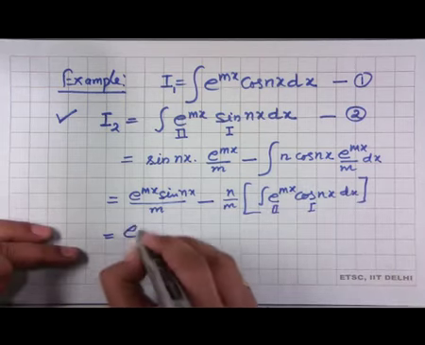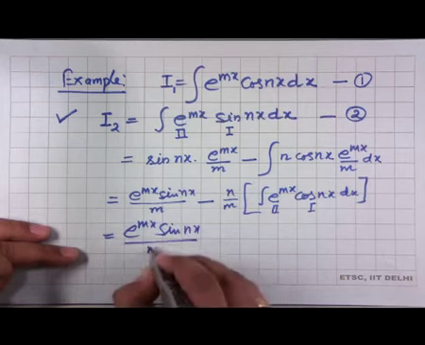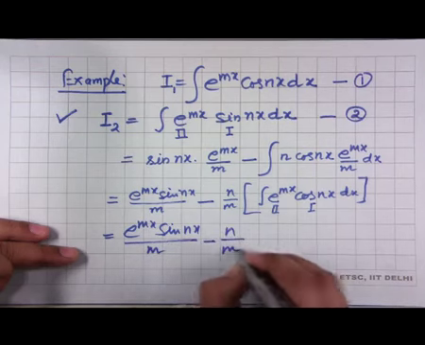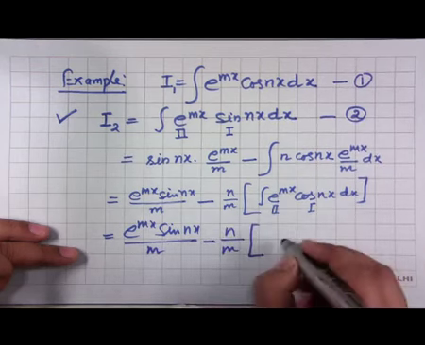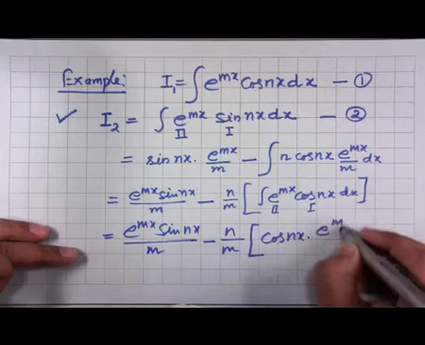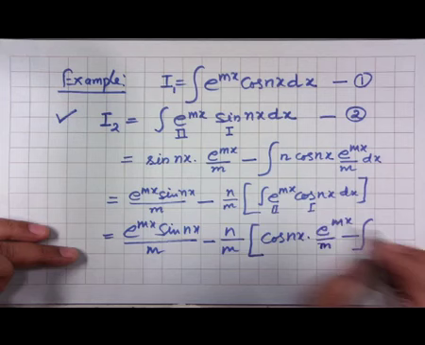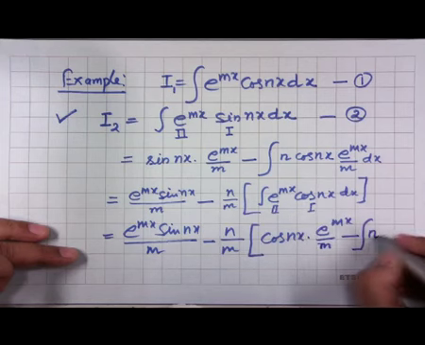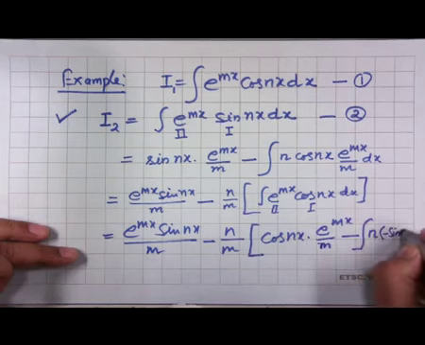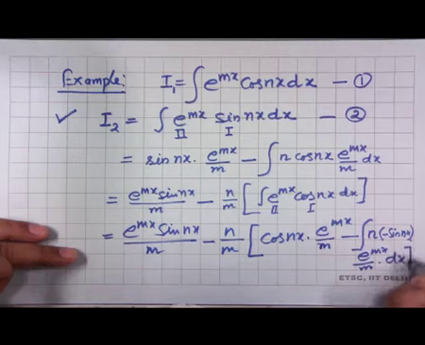So, what I will get is e raised to power mx sin nx divided by m minus n by m, first function cos nx, integration of the second e raised to power mx by m, minus integration of the differentiation of the first, so it is minus n sin nx, integration of the second e raised to power mx upon m, and then the whole integration.